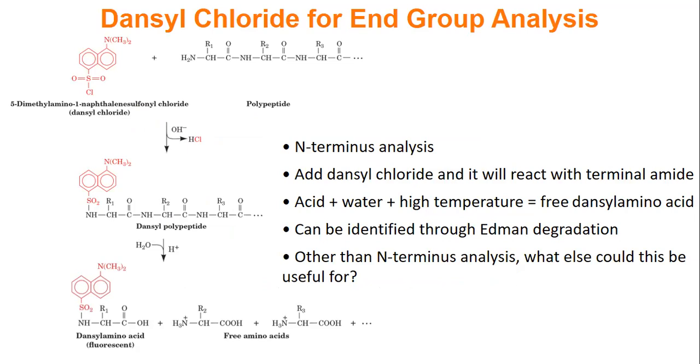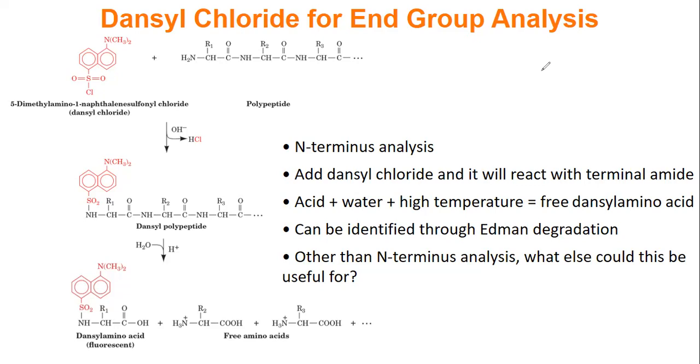That is, we use it to figure out what the N-terminus, the first residue of a protein, is. What is the N-terminus residue of a protein? It's a rather simple reaction where we take our protein and we add the reagent called dansyl chloride, 5-dimethylamino-1-naphthalenesulfonyl chloride. That's why it's called dansyl chloride. It's way easier to say.